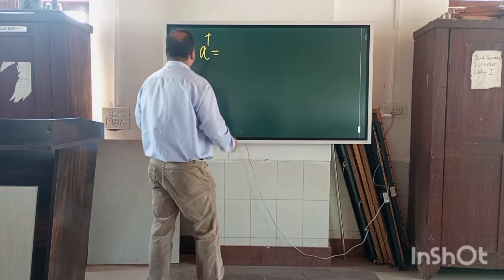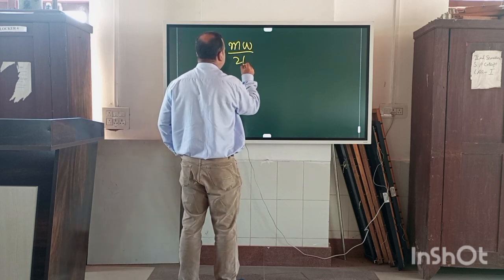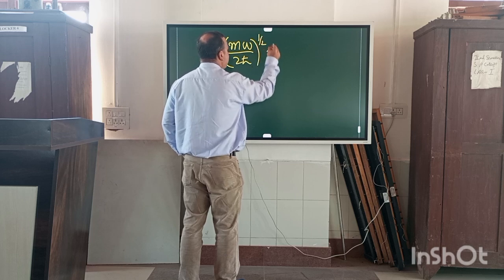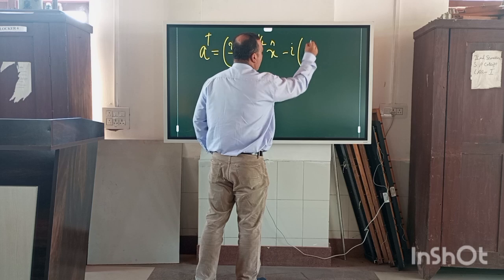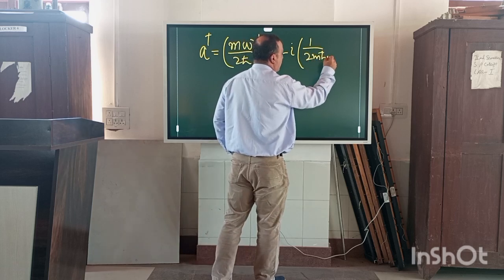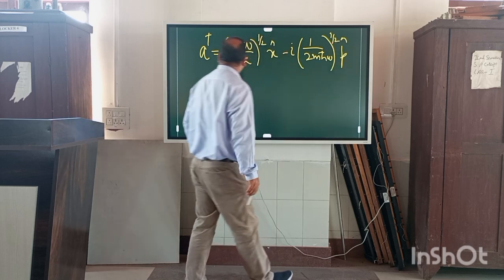So for A dagger, we'll have (m omega by 2 h bar) raised to power 1 by 2 x cap minus i (1 by 2 m h bar omega) raised to power 1 by 2 p cap.